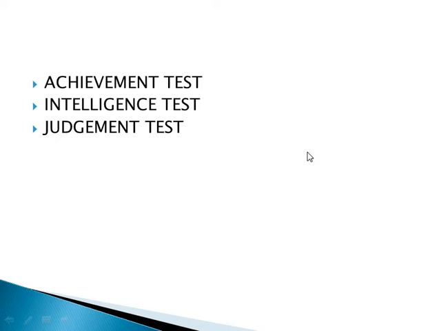It measures a candidate's level of skill in certain areas and knowledge in a particular subject. The regular examination conducted in educational institutions is a representative achievement test. This test is conducted before, during or after your learning experience.